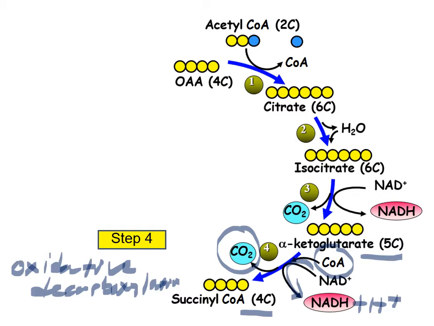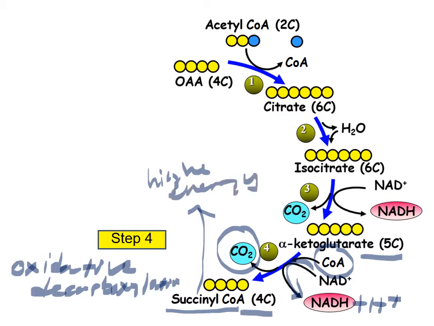Dengan tadi bila dia release carbon dioxide, dia akan form daripada alpha ketoglutarate 5 carbon, dia akan form succinyl group 4 carbon, dan kemudian coenzyme A akan join with the succinyl group to form succinyl coenzyme A. Okay, dan succinyl coenzyme A ni mempunyai high energy, energy dia tinggi, dan dia punya ikatan dia pun unstable.